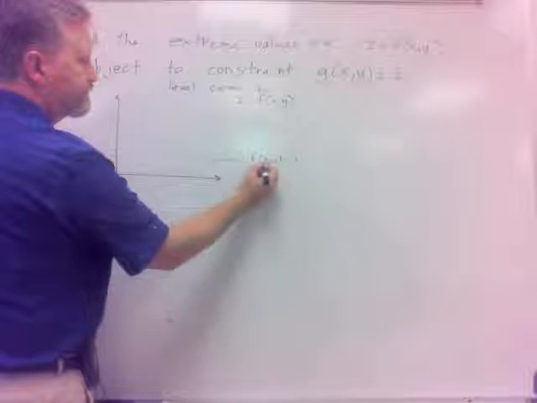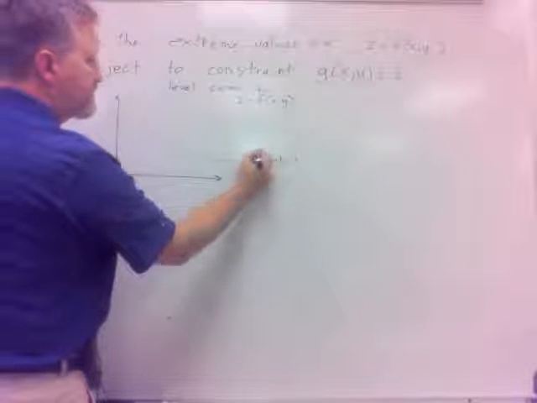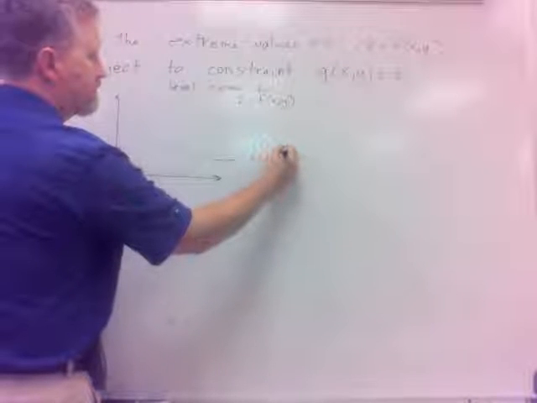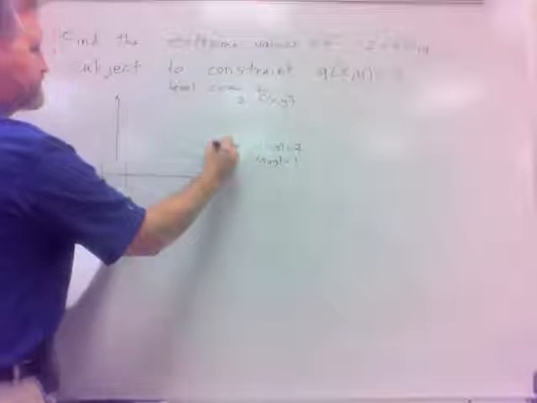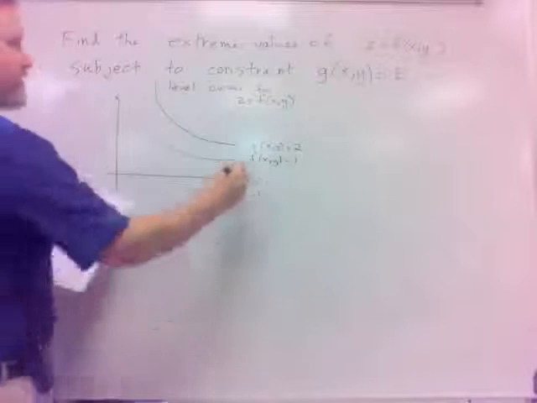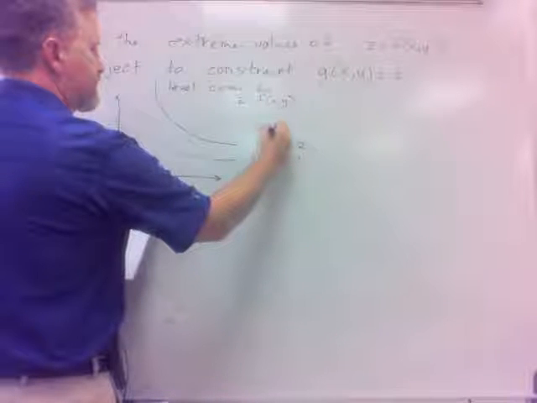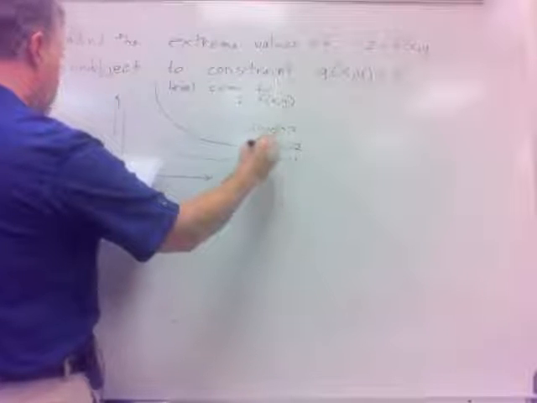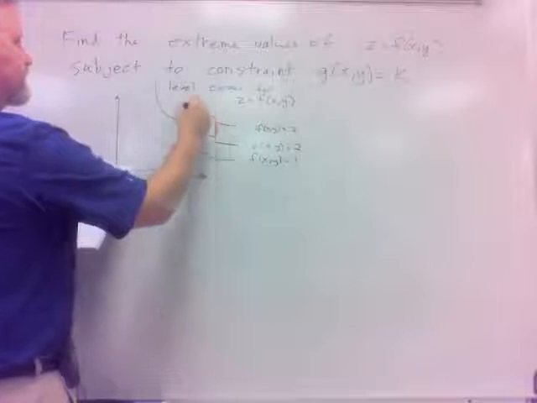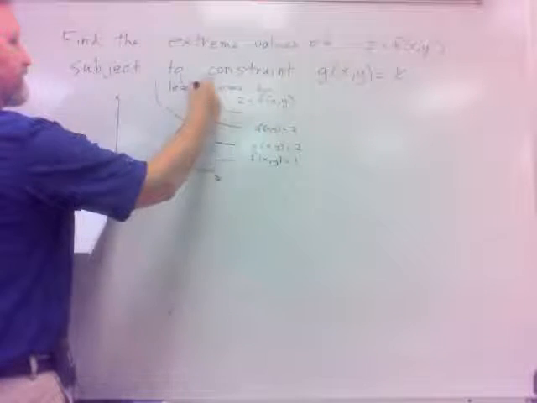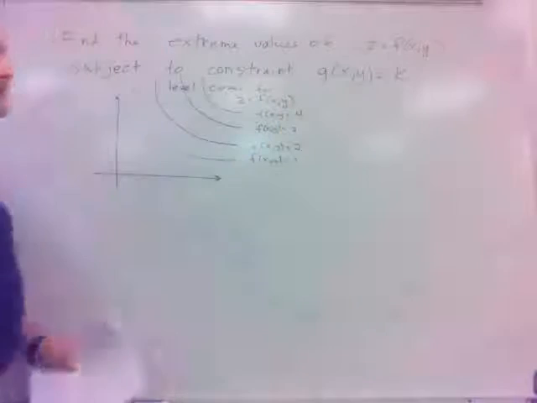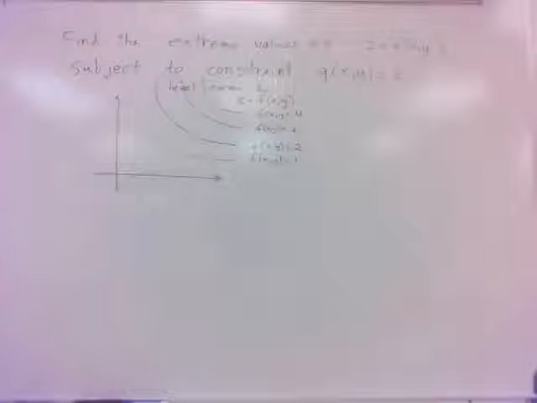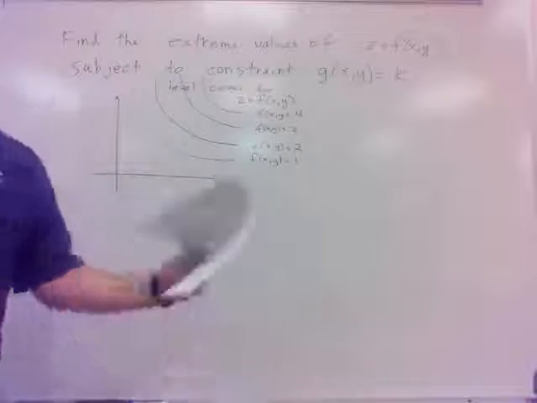Let's say f of x y equals 2 is this. And then f of x y equals 3, this, 4 here, okay? So you can kind of see kind of a logarithmic kind of curve, I guess, but just hypothetical.